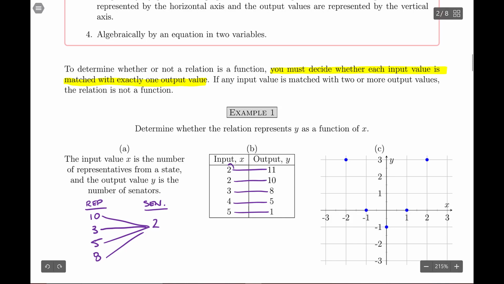The problem arises right here. They use the same input twice, and in both cases we have a different output. So 2 actually maps to 10 and 11. And once we have one input that goes to 2 different outputs, we have lost the definition or the criteria of this being a function. So this is not a function.